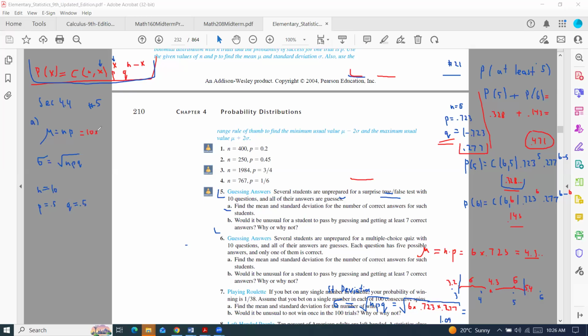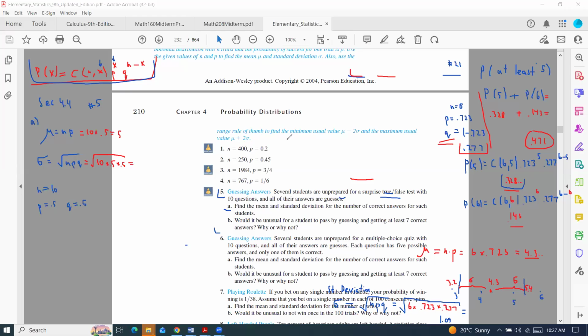If I guess, I will expect to guess half, or 5 out of 10. But you may get luckier or you may not, and standard deviation always shows that. So if the number of questions is 10, how far away from 5 expected guesses can we get?